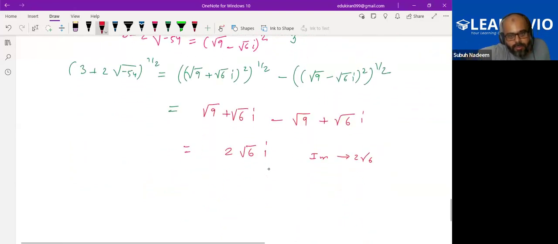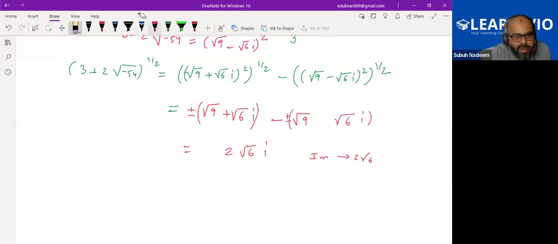So what is the point here is, we can take plus minus both here also, and here also plus minus both. Oh, sorry. This is minus root 6 iota. I missed this part. This is minus root 6 iota.